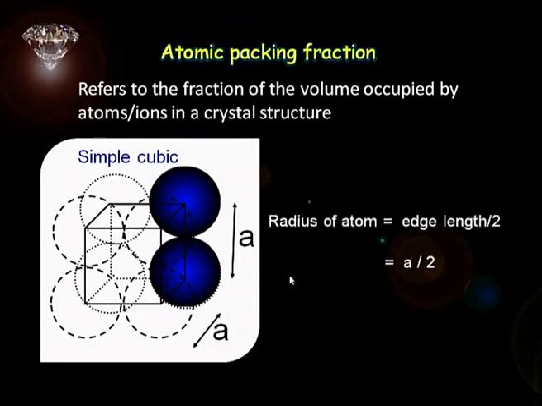So, the radius of the atom is the edge length by 2, which means R is equal to A by 2. This is important for us. Why is it important? Let us see.